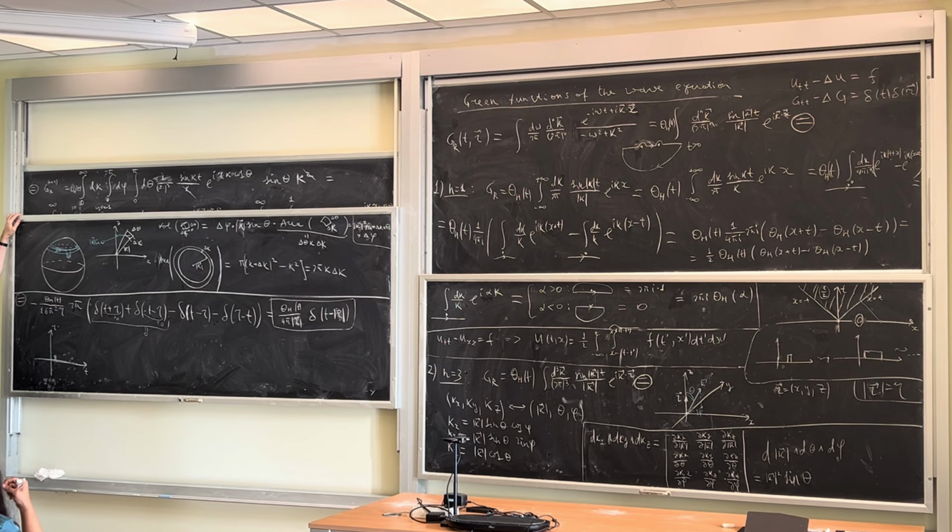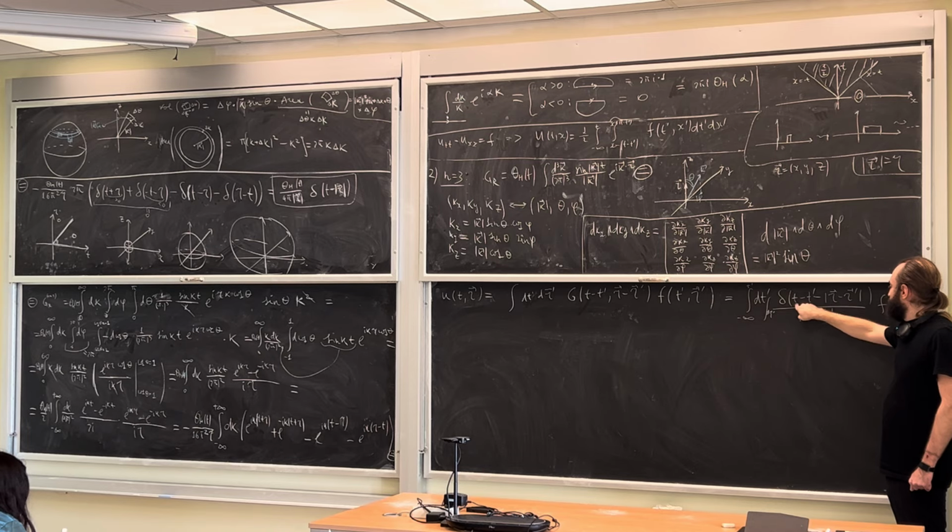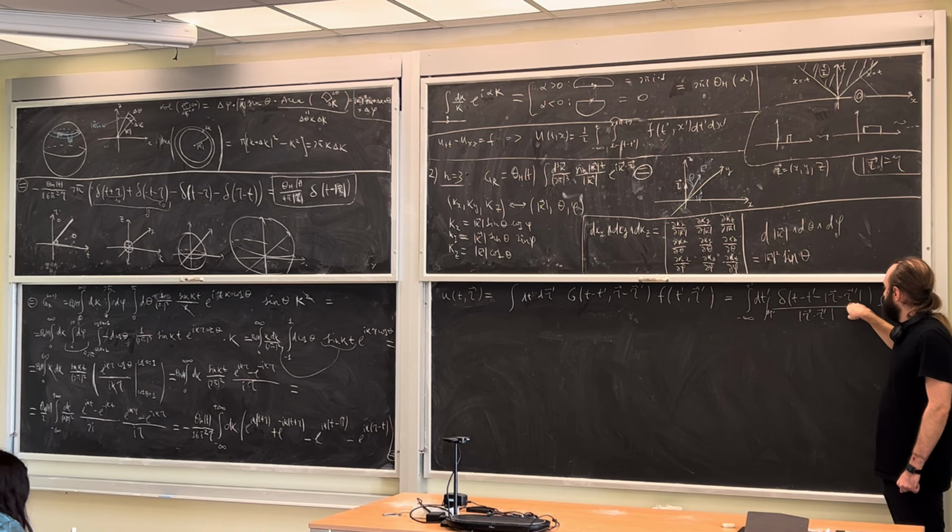It simply lands us on t prime that equals t minus the absolute value of r minus r prime.